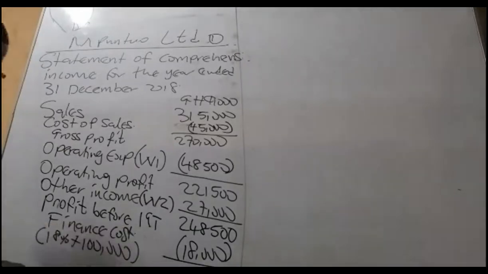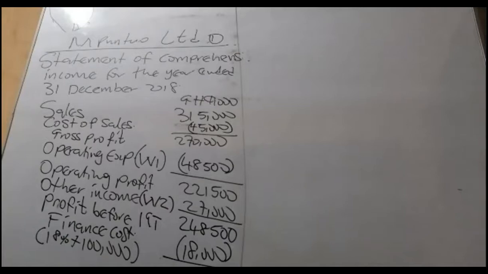248,500 less the finance cost. So we will get 230,500, right? 230,500. Agreed.